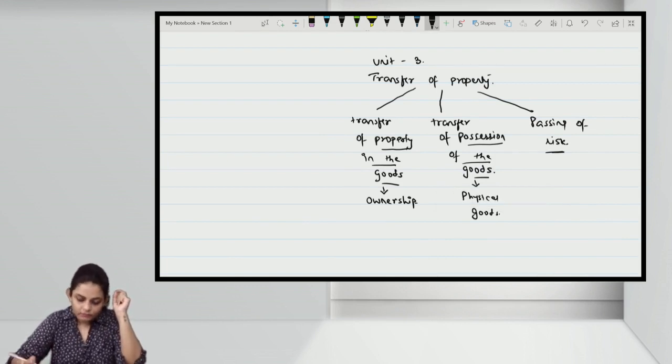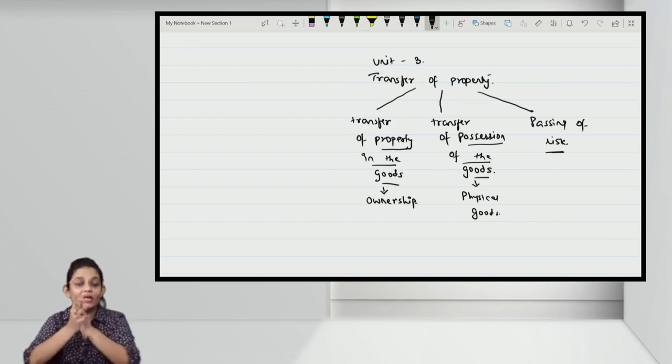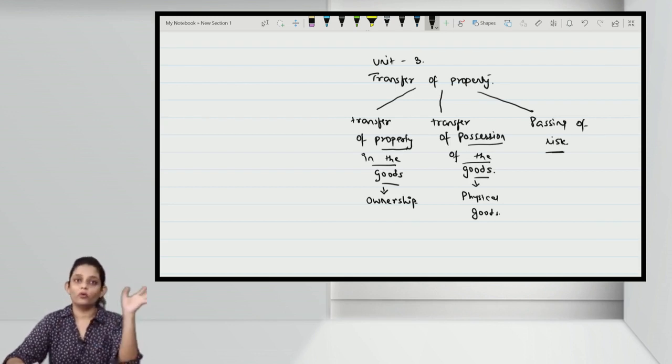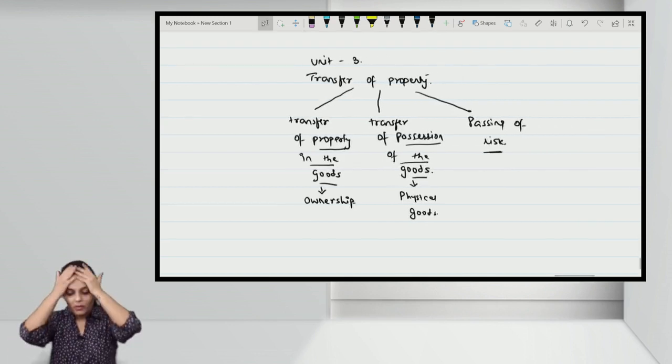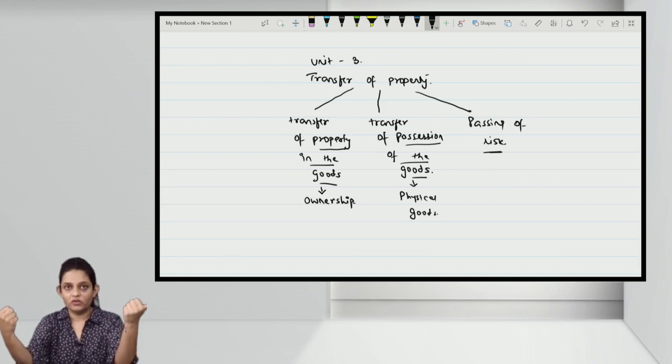Risk. If you remember, when I was teaching you yesterday the difference between sale and agreement to sell, I very clearly told you that whoever is the owner, risk is borne by that person irrespective of who has the goods, right? And so tell me one thing, when I say risk or loss to goods, loss is something which is associated with the physical goods or the price of the goods?